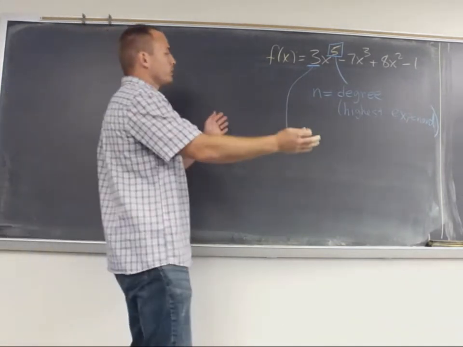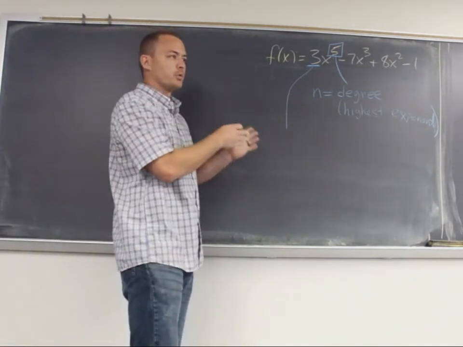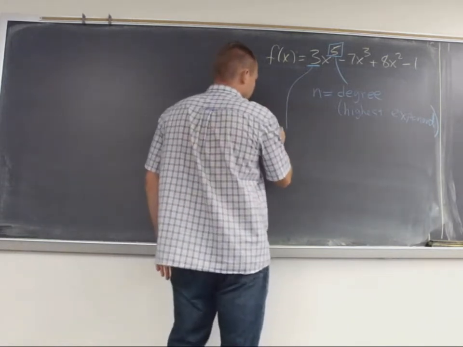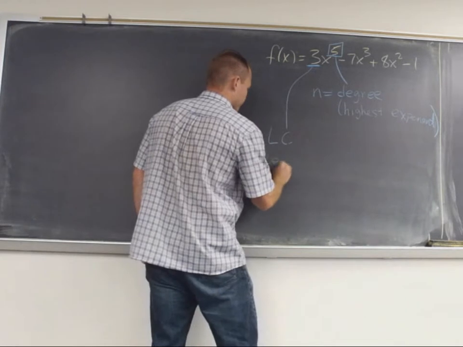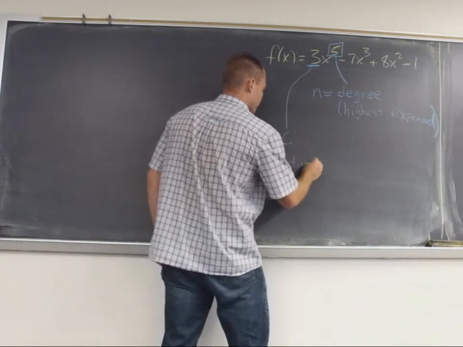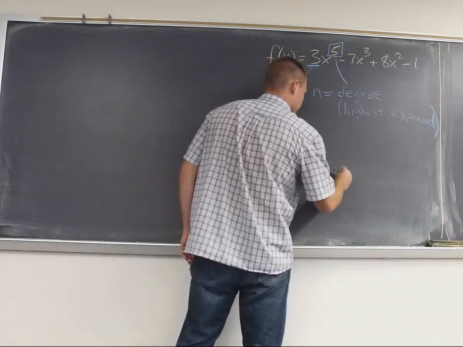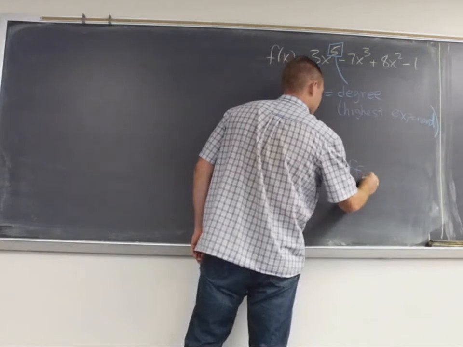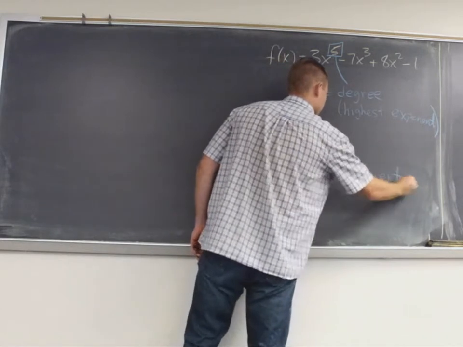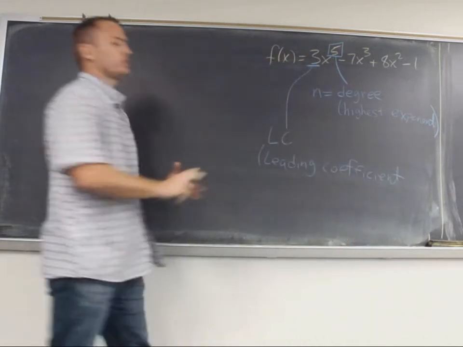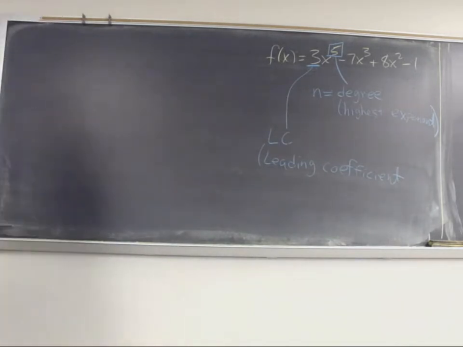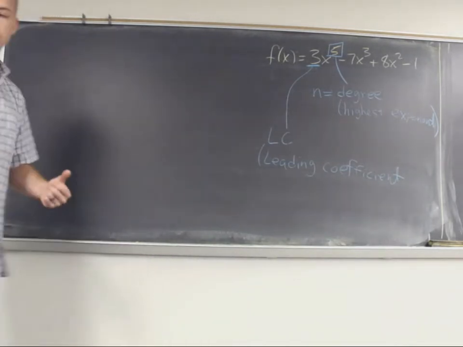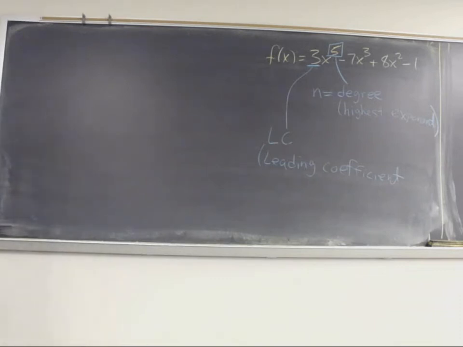All of them are called coefficients, but this one is more special. It's called the LC, the leading coefficient. And so knowing these two things, the degree, n, and the LC, the leading coefficient, will help us with the leading coefficient test.